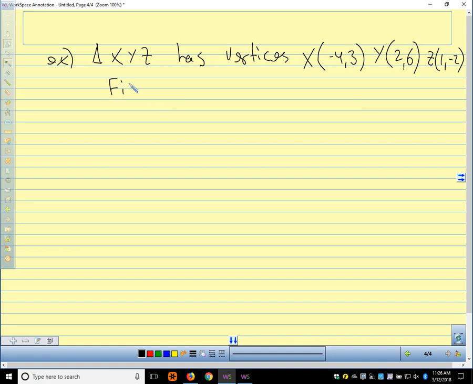We want to find the vertices of the reflection over the x-axis of triangle XYZ.